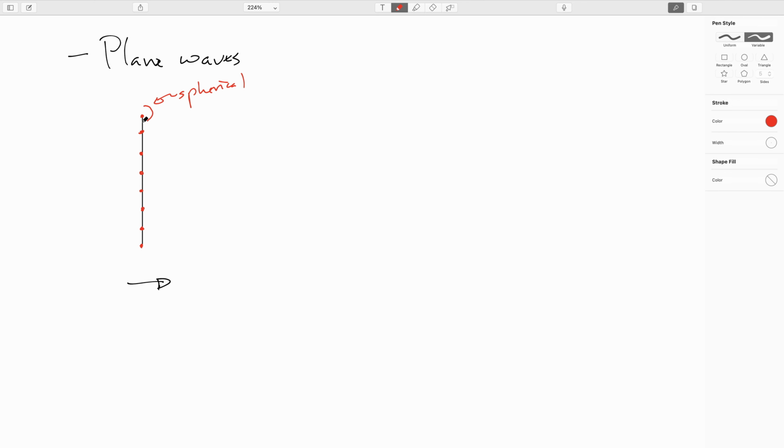So these wavelets will propagate out like so. There we go. And a little further along, they'd start looking like this, maybe. Sorry, I know my art isn't the best.